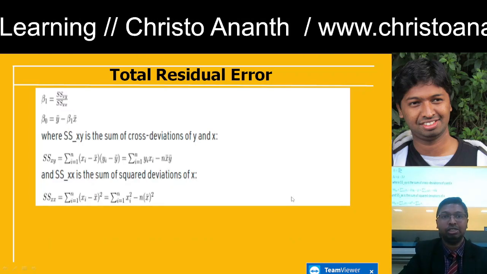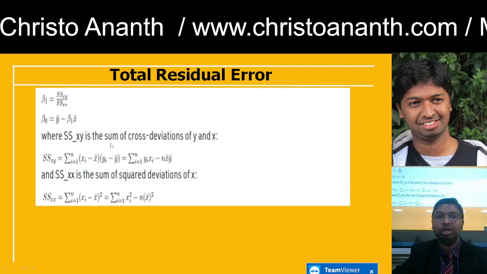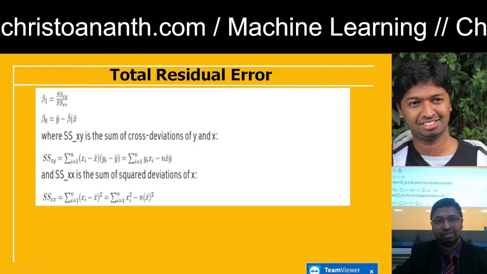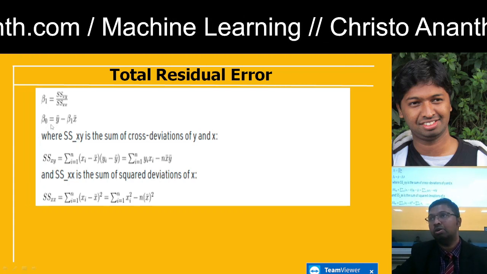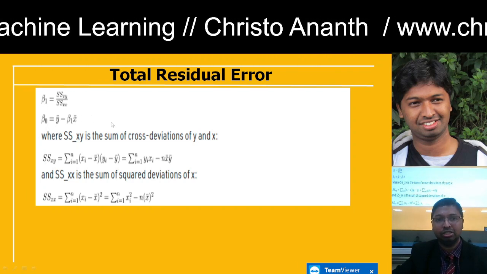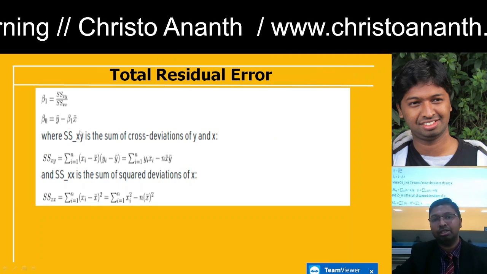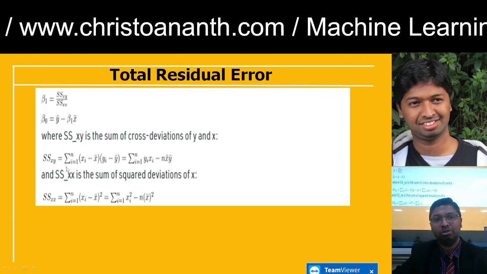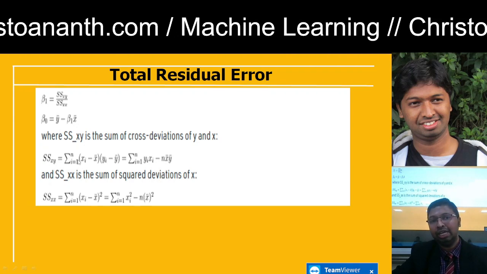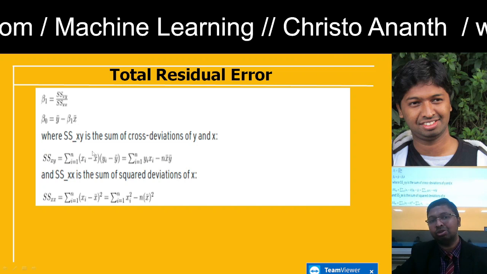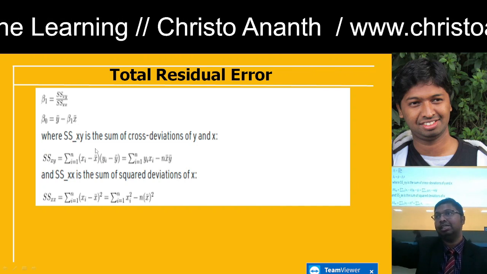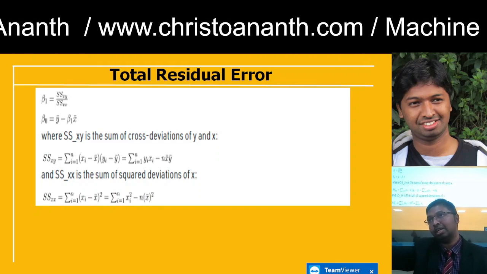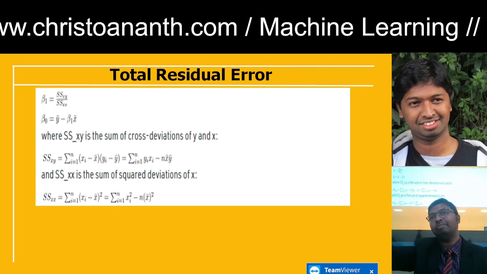Next we have to find beta 1 and beta 0, using Sxy and Sxx. Beta 0 is equal to y bar minus beta 1 x bar. Sxy is the sum of cross deviation of x and y. So Sxy equals the summation from i equals 1 to n of (xi minus x bar), where x bar is the mean, multiplied by (yi minus y bar), where y bar is also the mean.